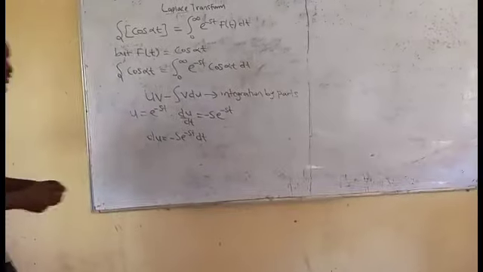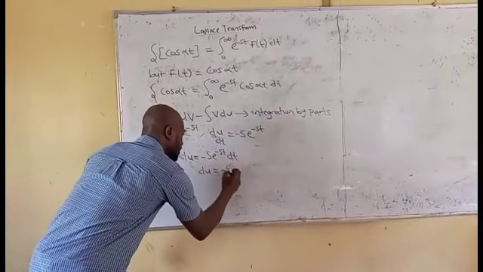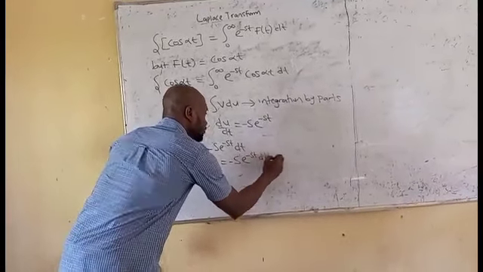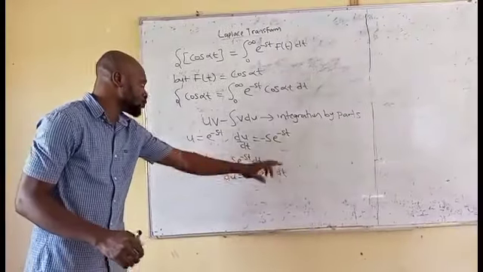So this is what I'm going to get: du will give you minus s exponential minus st dt. So now I have my du equal to this.